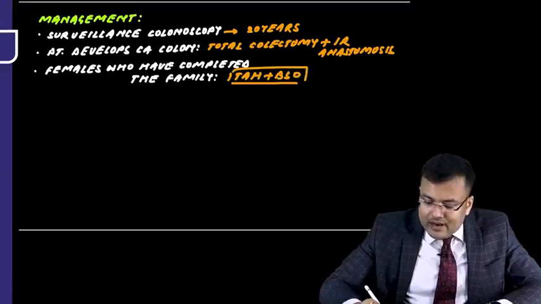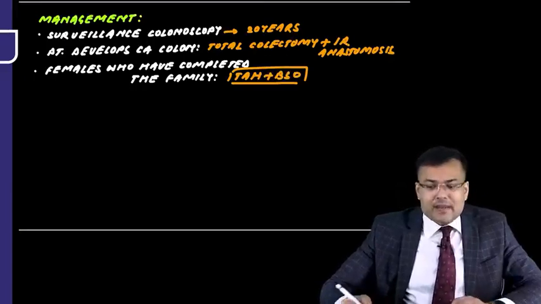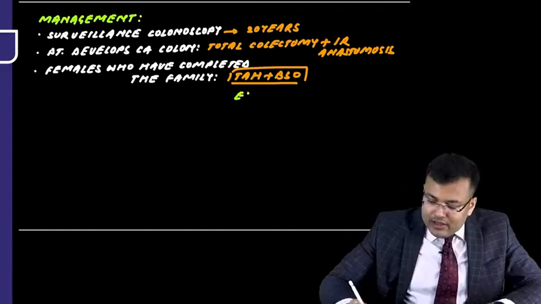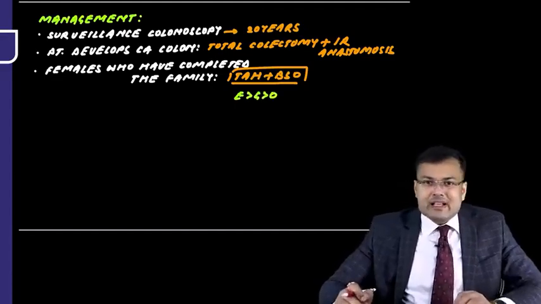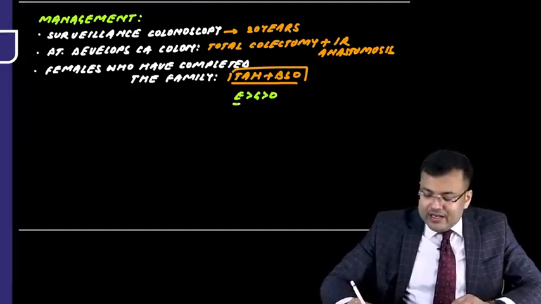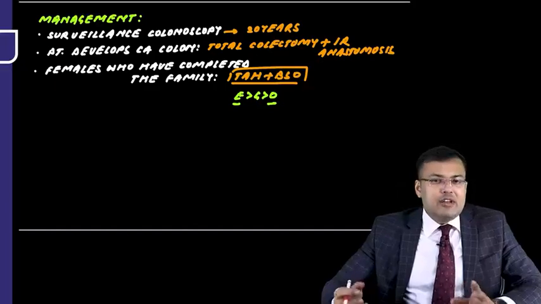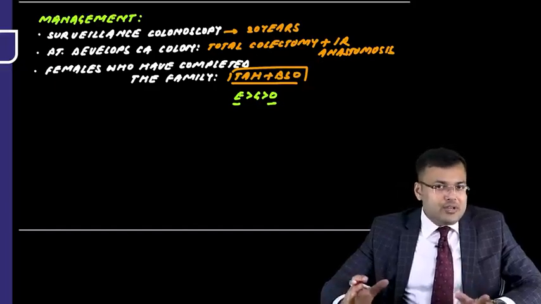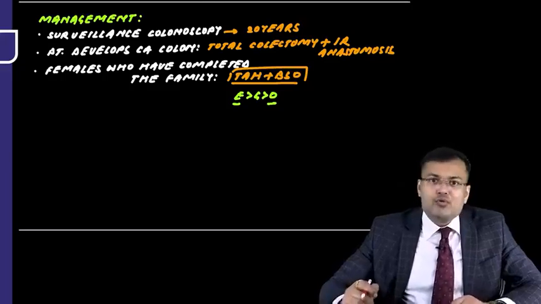Because we discussed that apart from colorectal cancer, there is increased risk of extraintestinal malignancy. And what was the mnemonic? It was EGO. E means endometrial, G means gastric, O means ovarian. So we can easily remove this endometrium and ovary. Means we remove the uterus, we remove bilateral ovary.